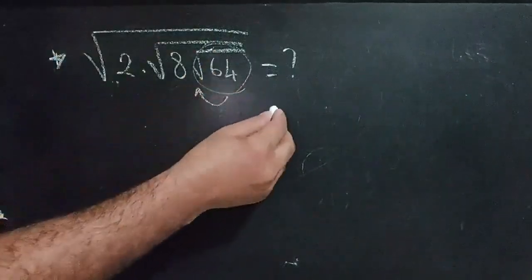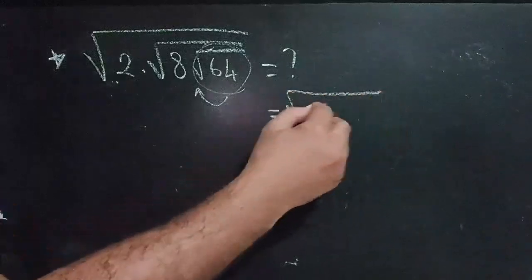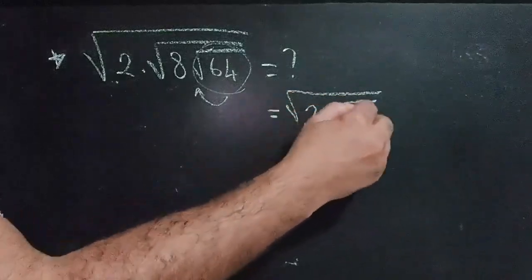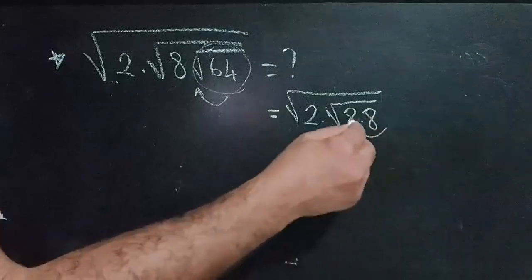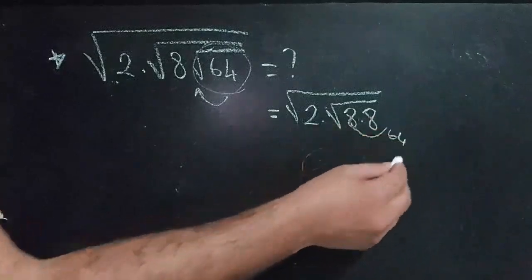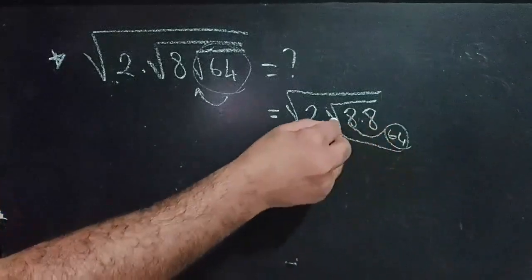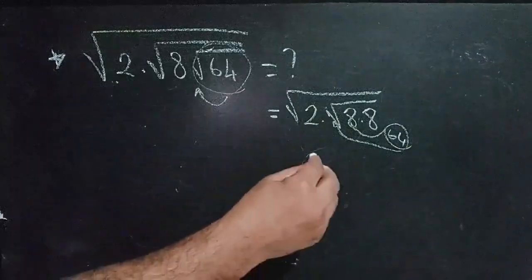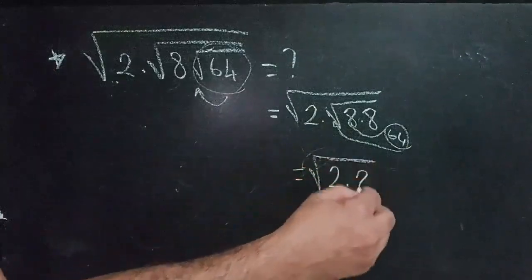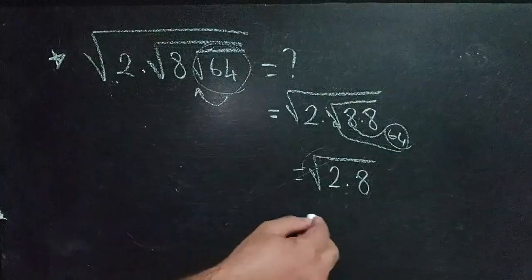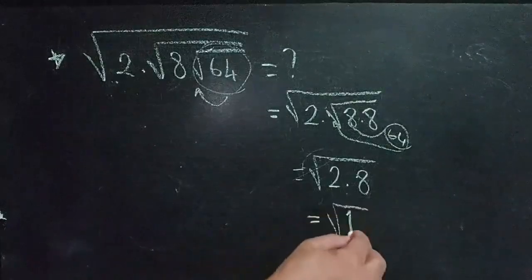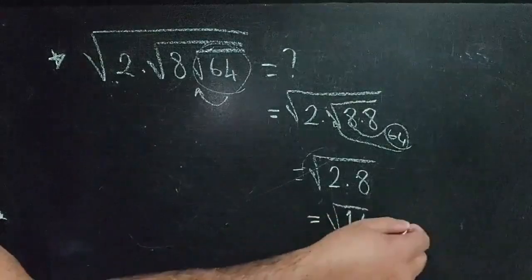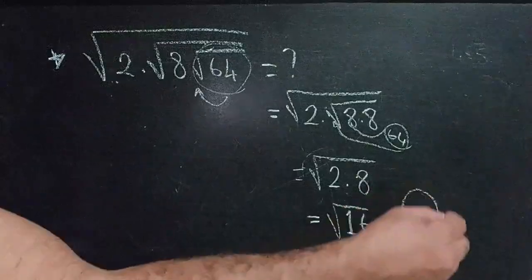That will be square root 2 times square root 8 times 8. There will be 64. 64 comes out as 8, which is going to be square root 2 times 8. That will give me square root 16 and this will come out as 4.